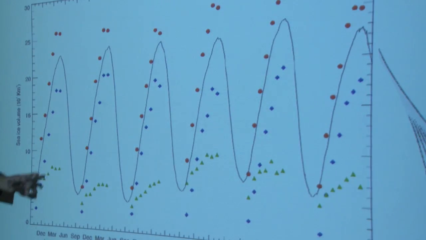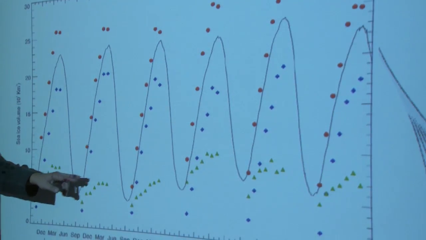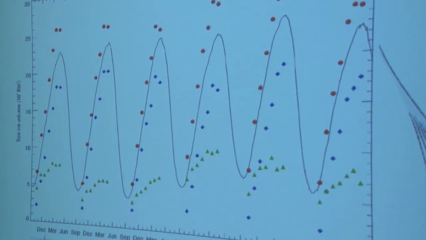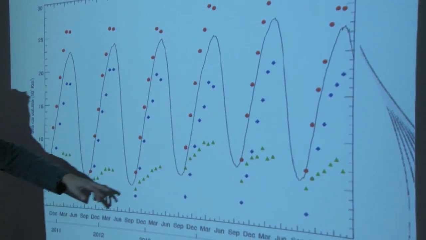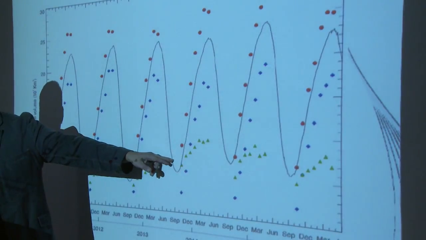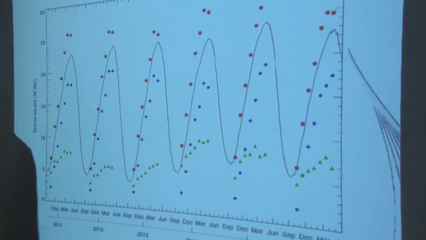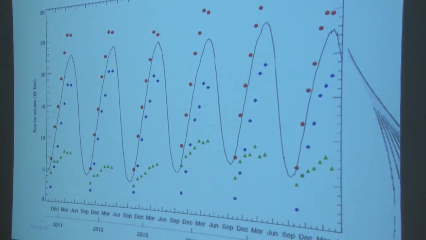And you see the early summers here, there's a significant drop in the amount of multi-year ice in the Arctic. But then, come 2013, during that summer, the multi-year ice stays in the Arctic. It doesn't go away. Something has changed from the year before.